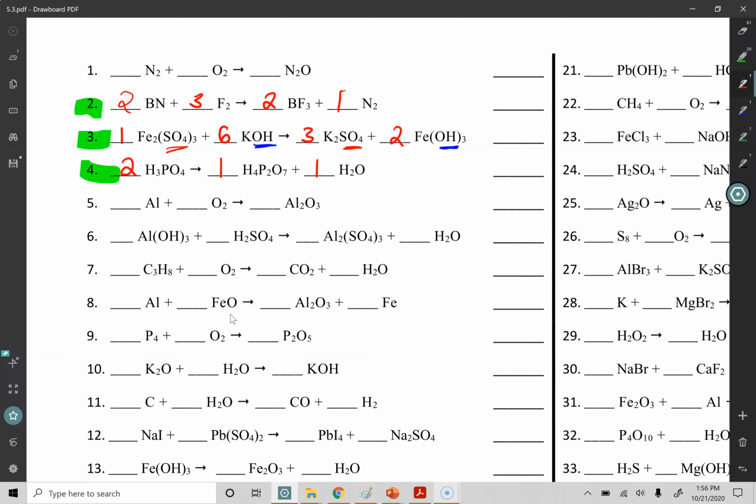Balancing takes a little while to get good at. It's this constant kind of back and forth between reactant side and product side. Once you balance for one element, there's a good chance you've unbalanced something else, whether it's an element or a polyatomic ion, and you just kind of bounce back and forth. Our coefficients, for the most part, are going to be very reasonable. What I mean by that is often 10 or lower.